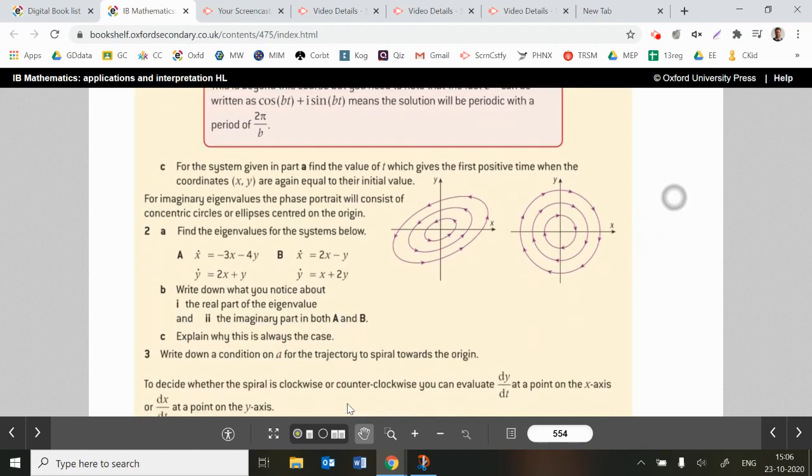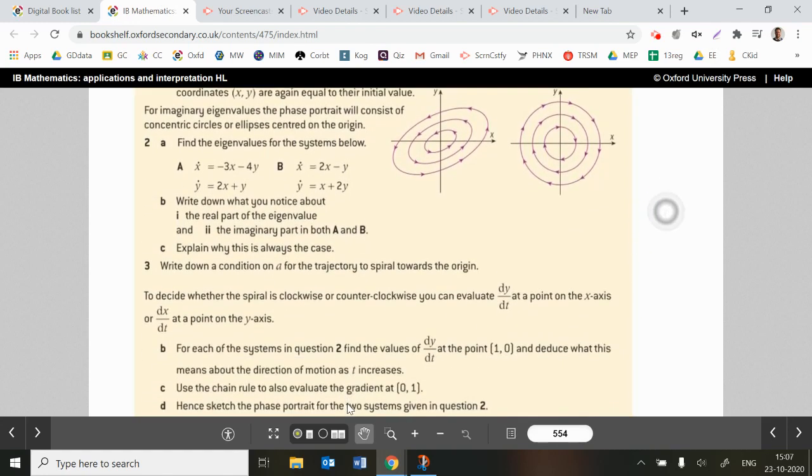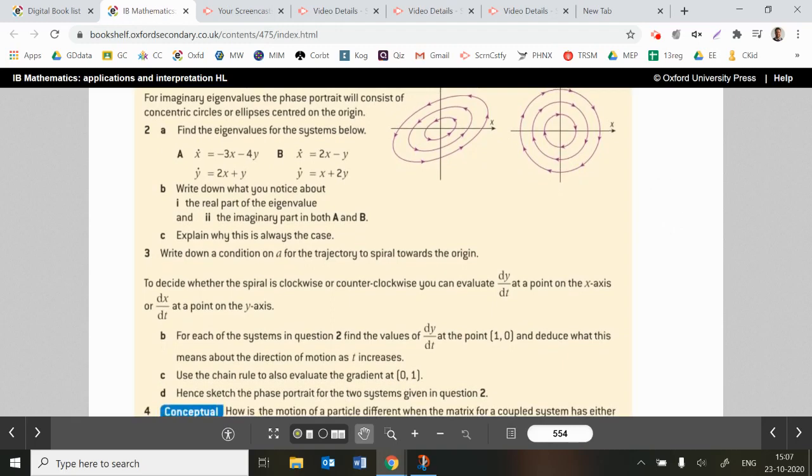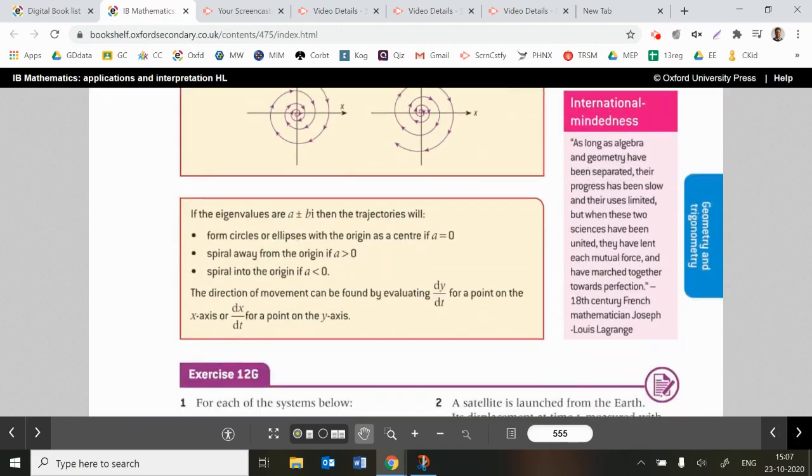Now beyond this, for parts 2 and onwards, they're talking about spirals and saying, well, let's make this complex number more than just imaginary. Let's take it so that it's got a real part as well, so A as well. Now, this we can deal with fairly quickly, in fact.